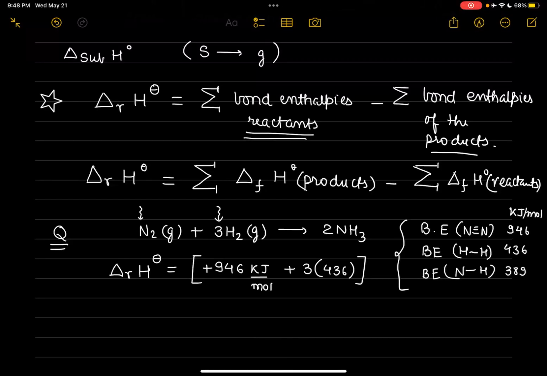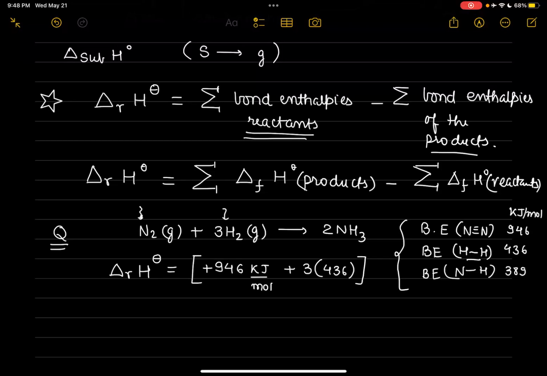This much energy I need, because this is for the H2 molecule, 1 mole of H2, and I have taken 3 moles of H2. So this much energy is given as a positive value, because that needs to be given into the reaction to break them.